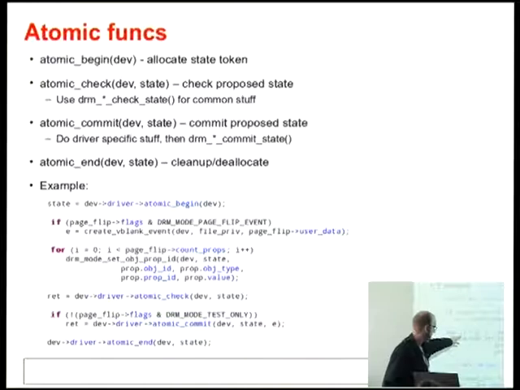You loop through and set a whole bunch of properties, which under the hood, if necessary, allocates new CRTC or plane state structures and updates them. Then you check the whole new state to see if the hardware likes it, or if it's something the hardware can do. If it's good and user space hasn't set a flag saying they only want to test the change, you commit it, which updates the hardware, and then atomic end ends the sequence.